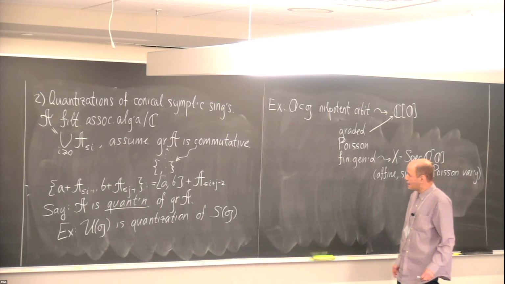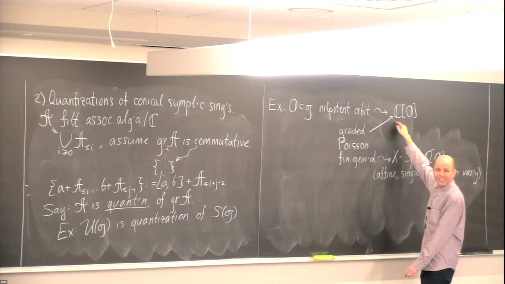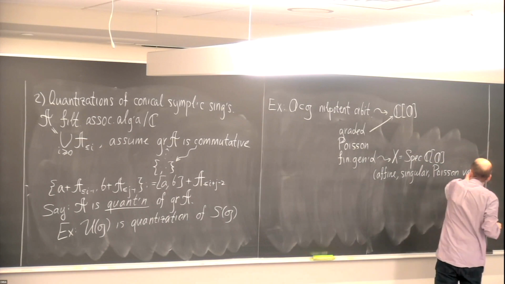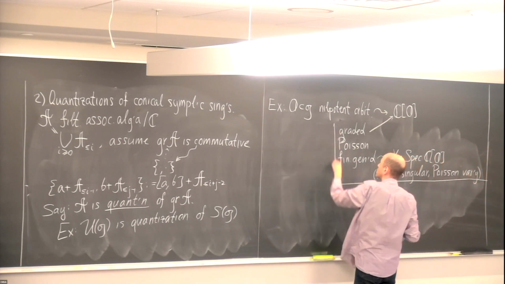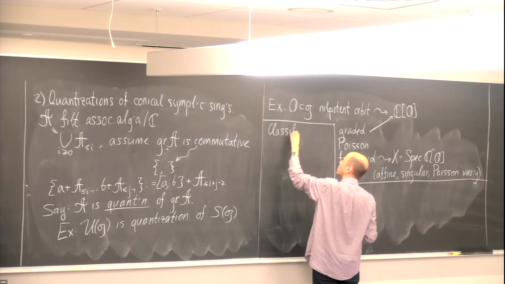And then basic questions that I could try to ask. Okay, so I have these graded Poisson algebras. Can I classify the quantizations in the sense that I explained above? So let me state the results. Classification theorem.